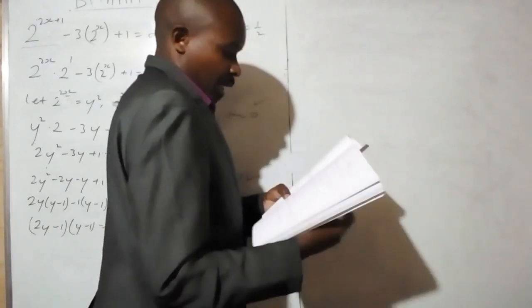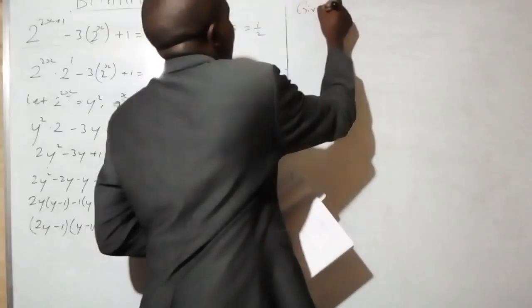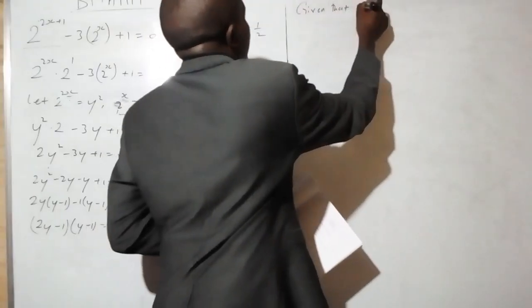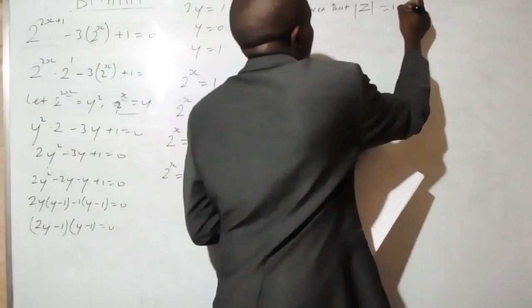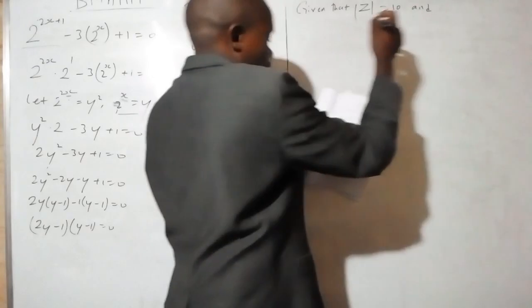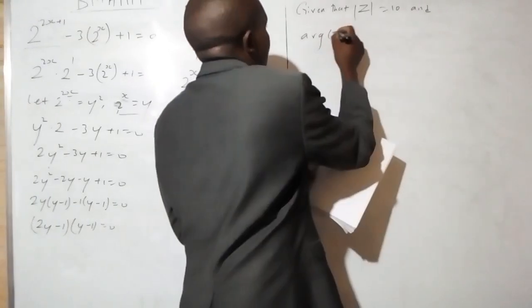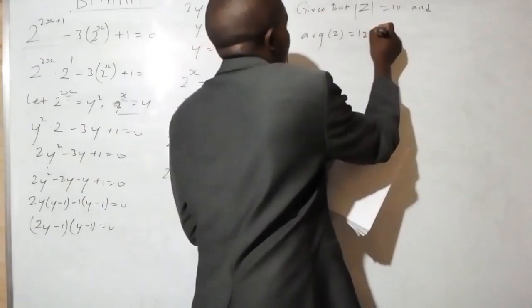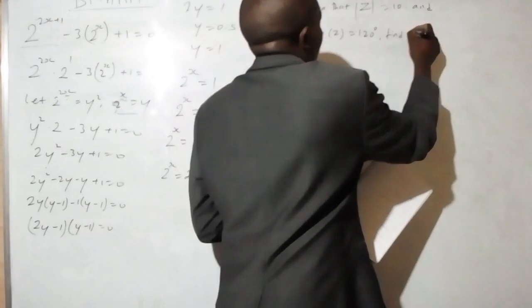Given that the modulus of z is equal to 10 and the argument of z is equal to 120 degrees, find z.